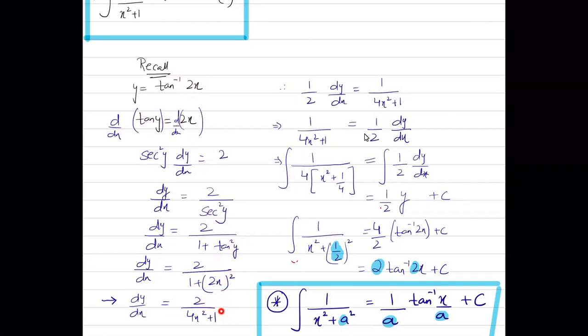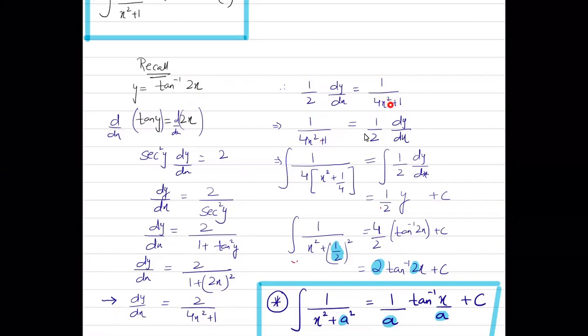Now if we are going for integration of 2 upon 4x square plus 1, this is how you are going to integrate and get back the same function. I can take this 2 and divide it over there. So it is going to be half times dy by dx equals 1 upon 4x square plus 1.